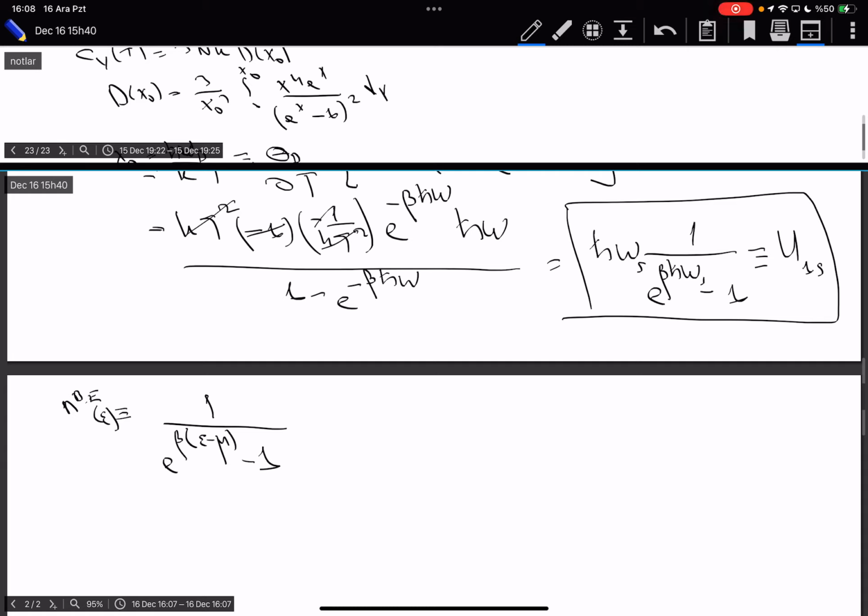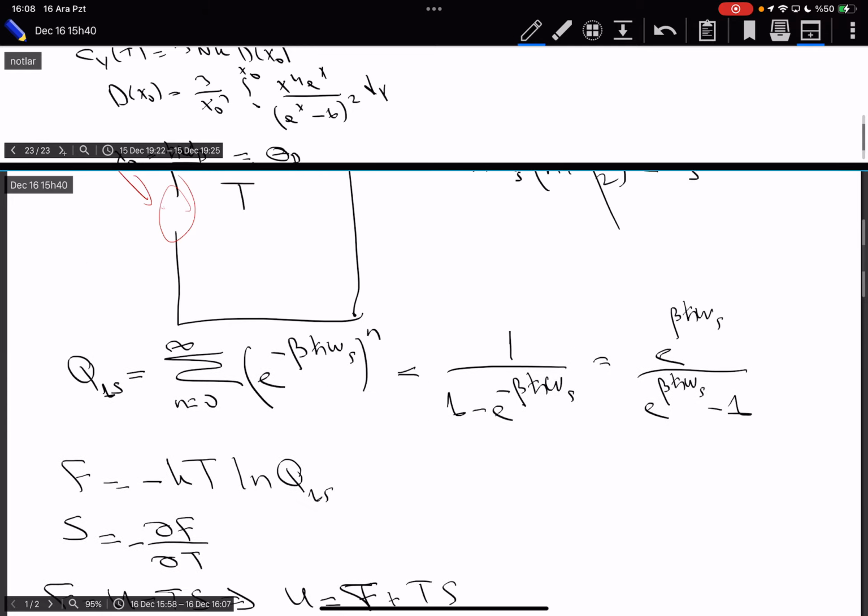And then we can talk about the total energy of the system, which will be the sum over all the states of these electromagnetic oscillators, h bar omega s times 1 over e to the power beta h bar omega s minus 1. Then we will proceed later on.